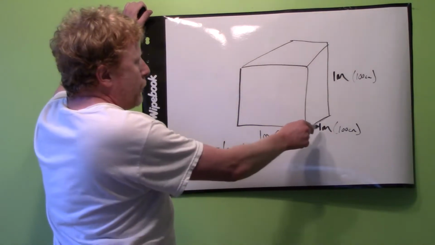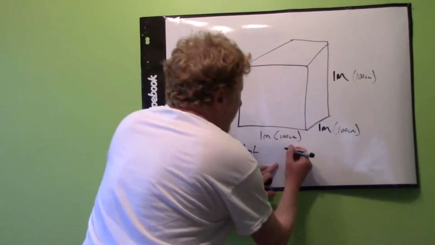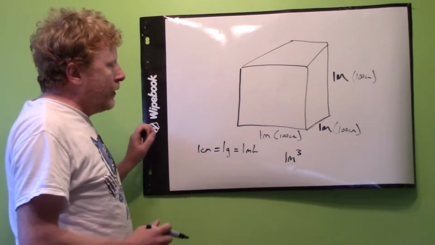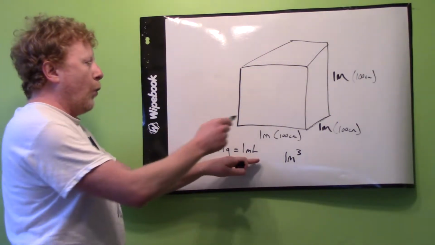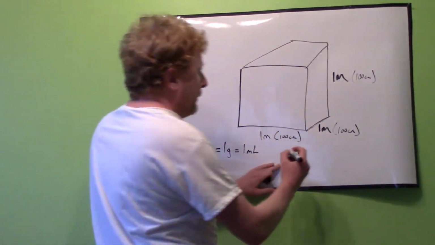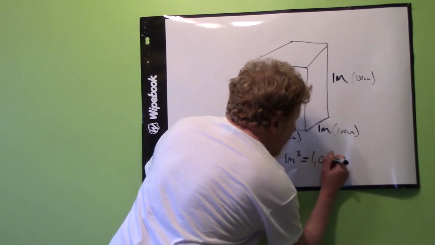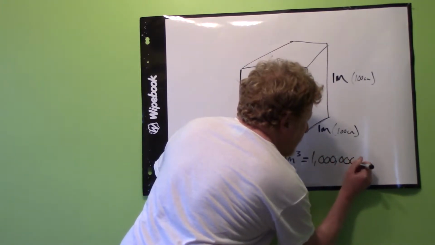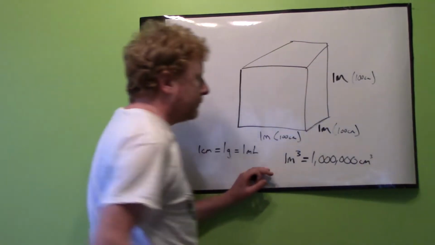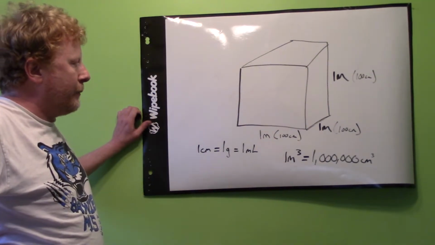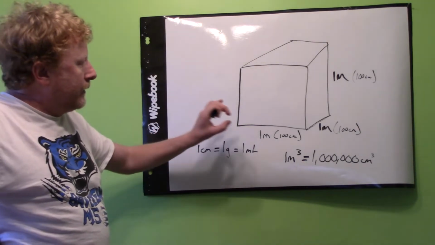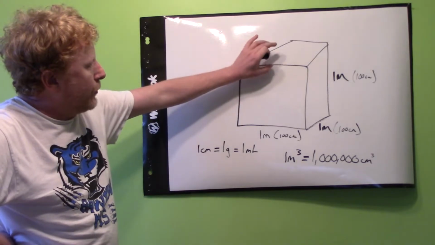So 1 meter times 1 meter times 1 meter is obviously 1 meter cubed, or it is 100 times 100 times 100 cubic centimeters. So I believe that equals 1 million cubic centimeters. So I can fit 1 million cubic centimeters into a cubic meter.